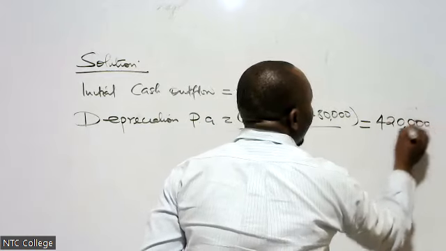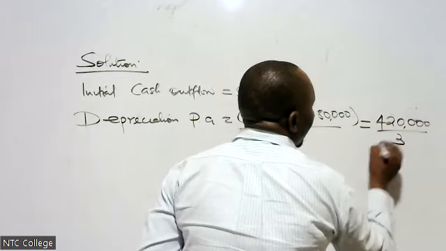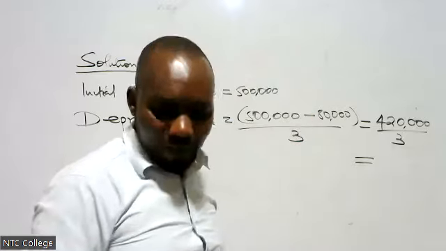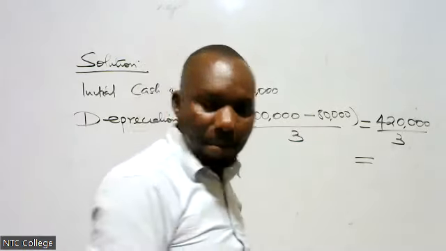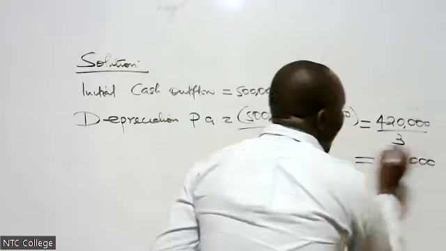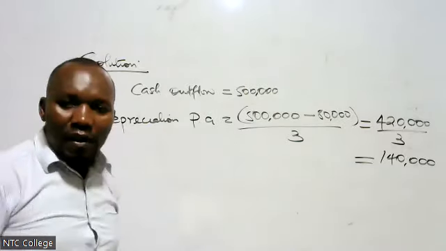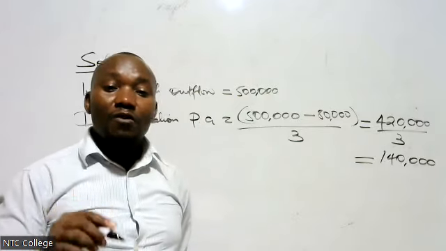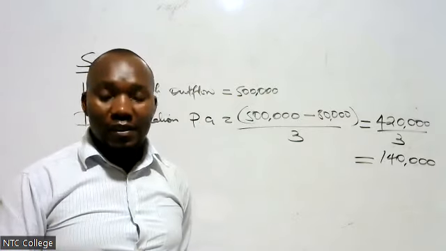So therefore, our depreciation per year is 420 divided by 3. 420 divided by 3 is giving us how much? Can somebody get me the figure? 140, right? Per annum. That is the depreciation per annum. Most of the time, the examiner will tell you that the item was depreciated on a straight line basis.